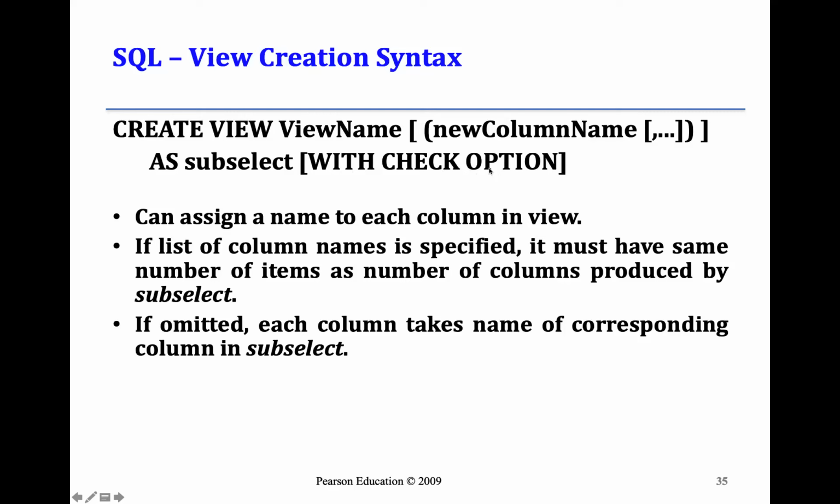But if you say with check option, it would be rejected because it violates the defining query for the view. In fact, you should always use the with check option because it makes no sense to update a view in a way that violates the defining query.